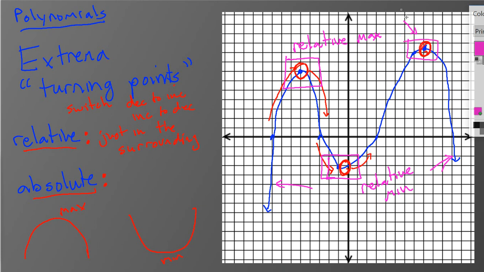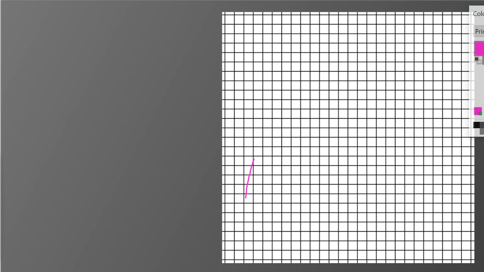And this one, though, is an absolute max, meaning that it's the absolute highest that the graph ever gets. And it's actually possible that we could have a graph that has no absolutes. If we take a look at this sketch that I'm going to do right here, this is the case for most odd functions.